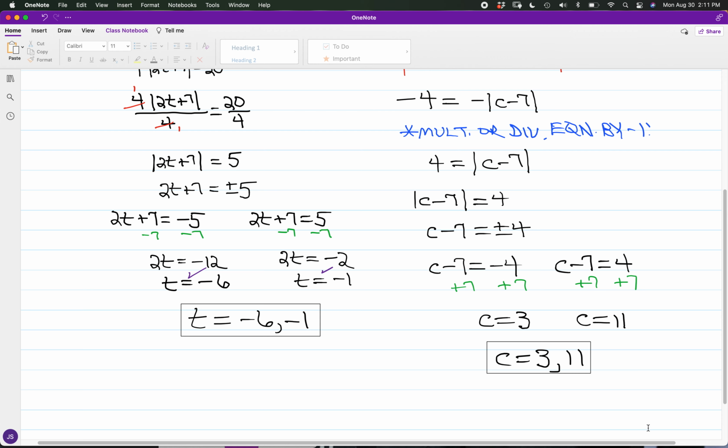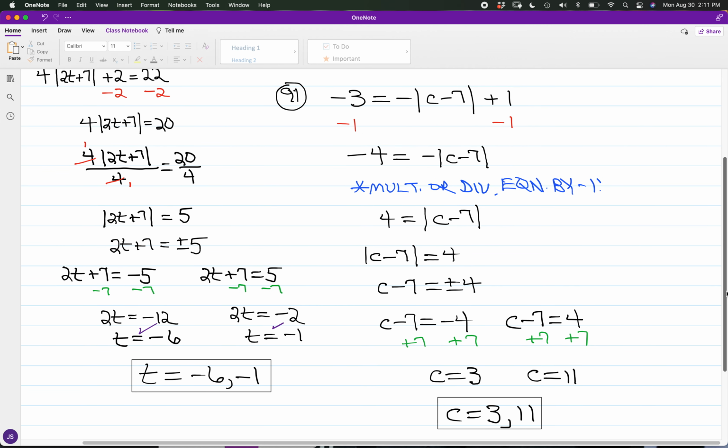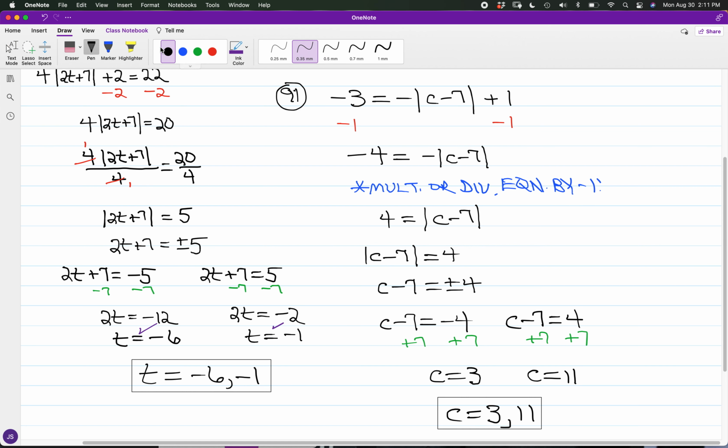Now for what we have in the case of number 93, this time we're looking at trying to solve for y.